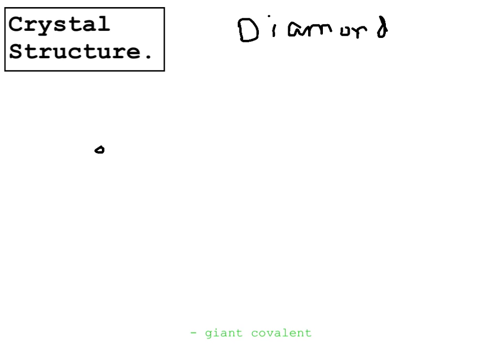So what you have is one carbon attached to 4 others. Then each of those is attached to another 4. Now I'm not going to draw them all.